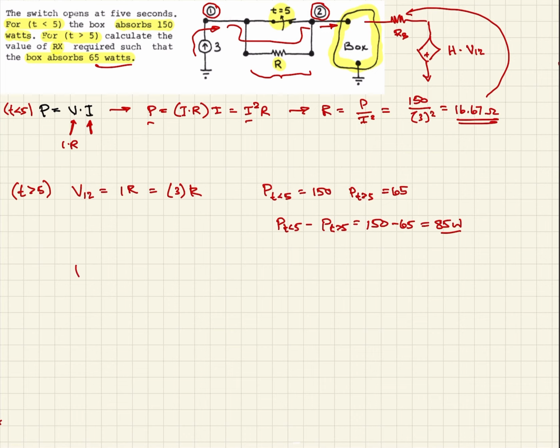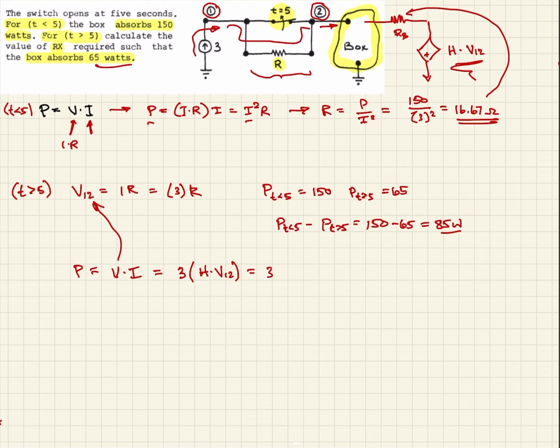So again, we recall that power is equal to voltage times current. And so in this case, we know that the voltage is going to be this voltage times the multiplier. And so that's going to be times the current. So the current is 3, and then that's going to be H times V12.